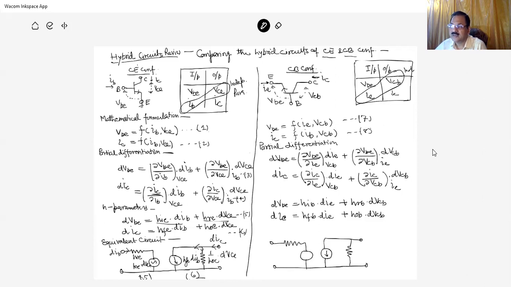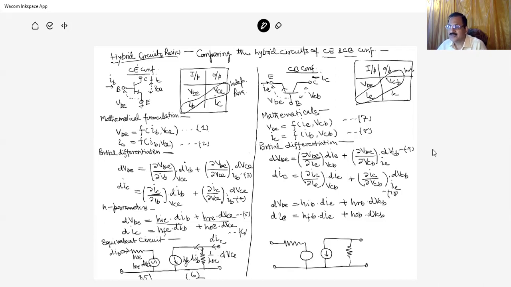The mathematical equations for the common base configuration are given as such, and making the partial differential of the above equations, as in the case of common emitter, we get equation number 9 and equation number 10.